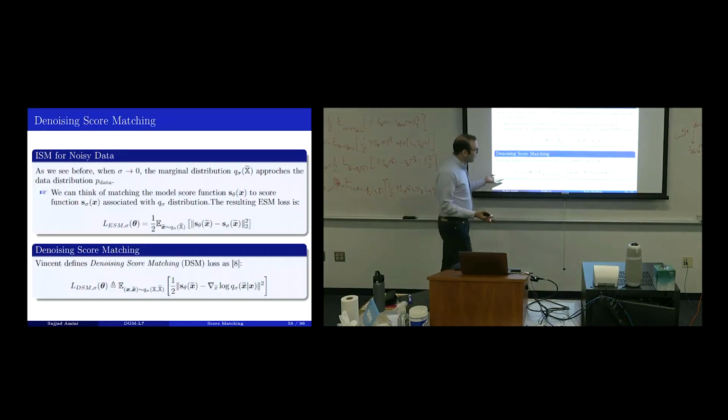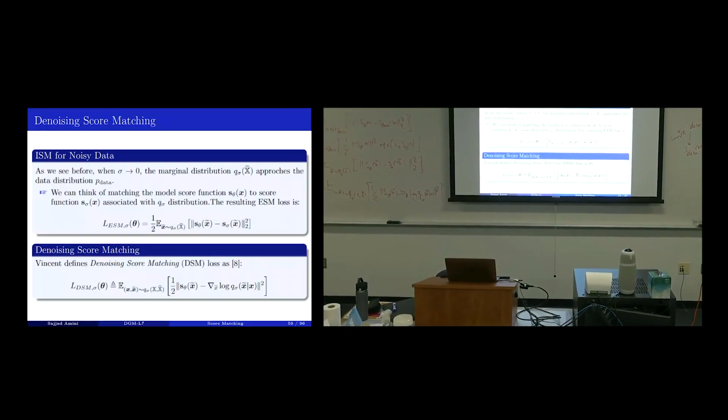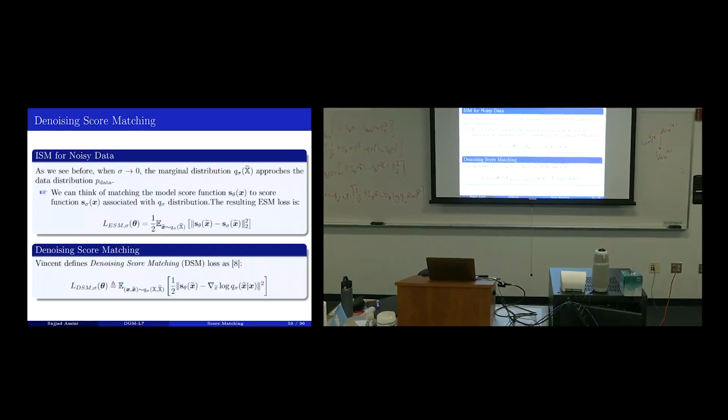But we do not know how this one is related to this one. This is just a loss that Vincent defined. Yes. Q sigma, P data, but Q sigma, this is the kernel. It means that it's conditional. This is not the marginal distribution.